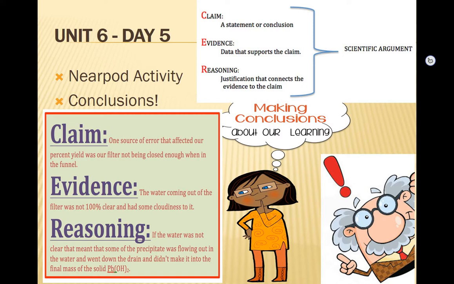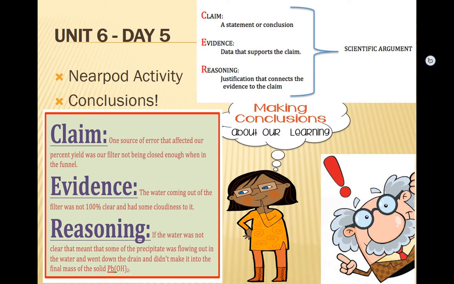That meant that some of the precipitate was floating out in the water and went down the drain and didn't make it into the final mass of our solid PbOH2. So this one was more of an error claim than a claim of what happened in the experiment. So they wanted to show their evidence as far as their error.